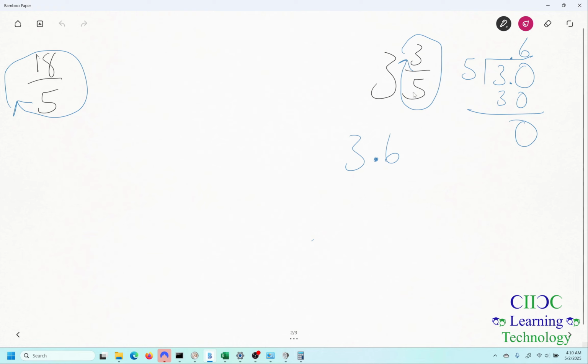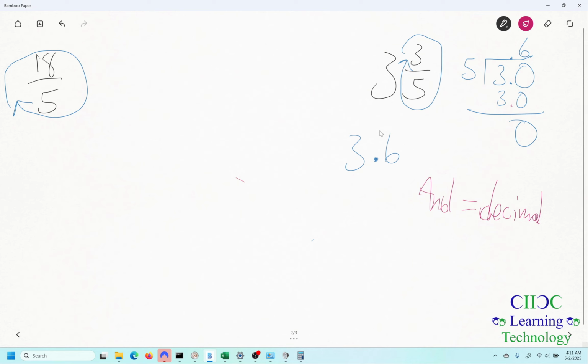And means you have a decimal coming. So again, 3.0, because 5 cannot go into 3, but it can go into quote unquote 30. So you look at that as 30, keeping the decimal points lined up, and you get 0.6. We looked at that over here, and we did get 3.6.